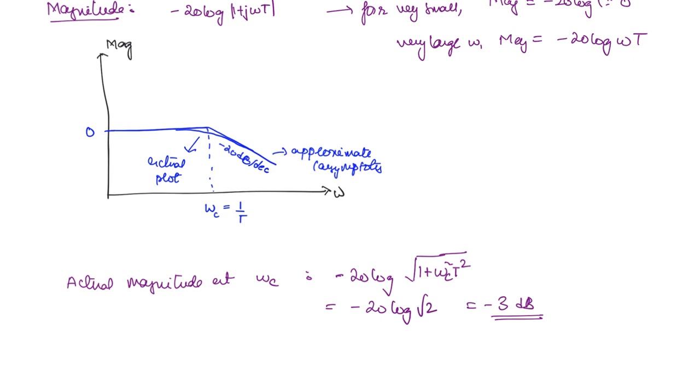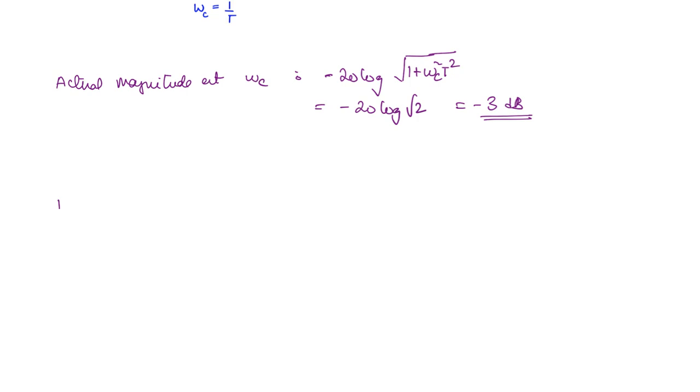Okay. What about the phase plot? The phase plot also, it will be almost similar only. So what will be the angle G of j omega at omega is equal to 0? It is 0 degrees, because angle G of j omega is minus tan inverse omega t.